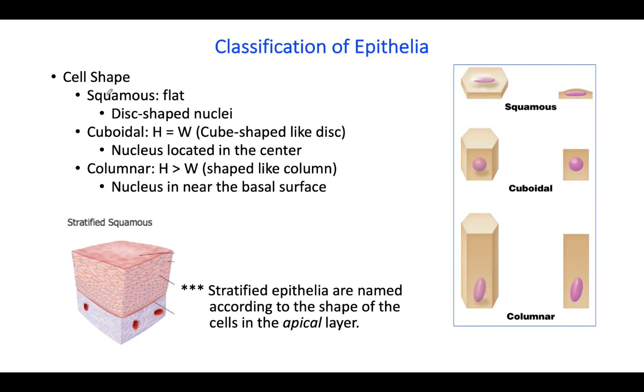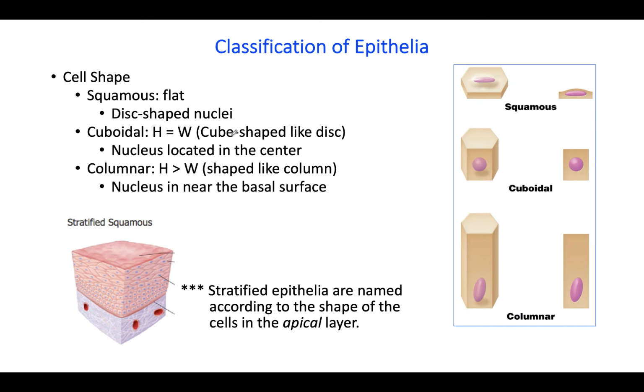First, squamous means flat and thin. Look at here, very thin. It has disc-shaped nuclei. Another cell shape of epithelial tissue is cuboidal. Cuboidal looks like a cube.